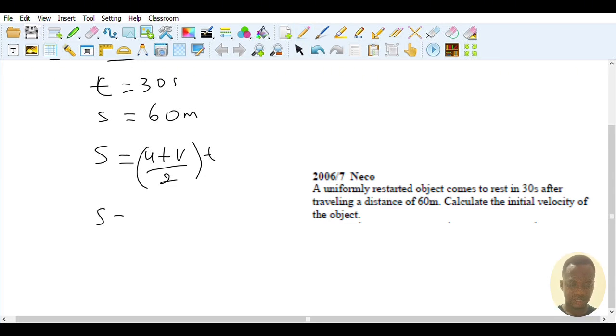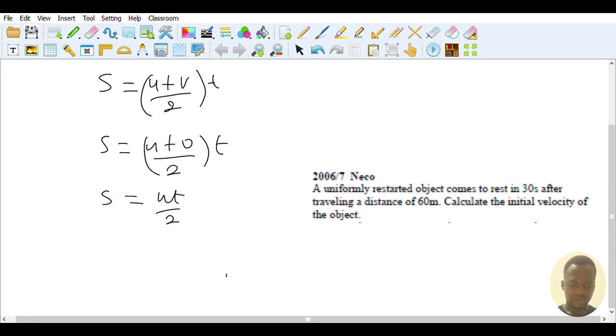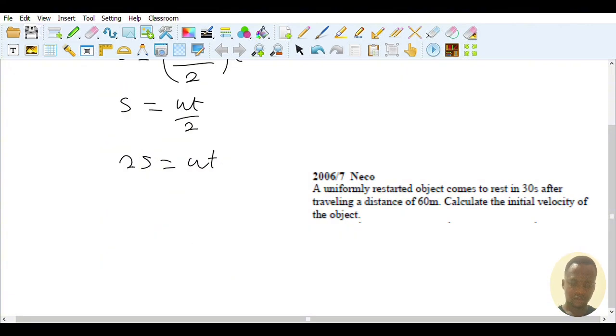So s is equal to u plus 0 over 2 times t. And then s is equal to ut over 2. Then 2s will be equal to ut. So u is equal to 2s over t.